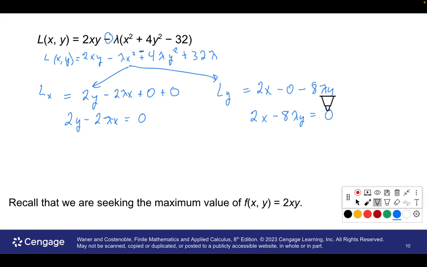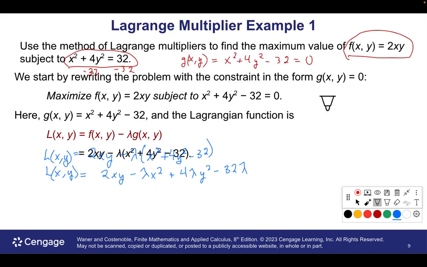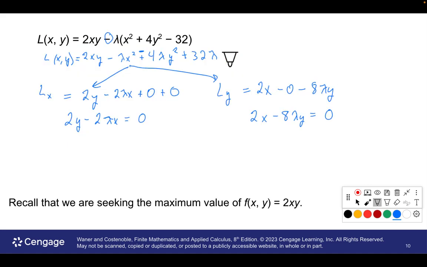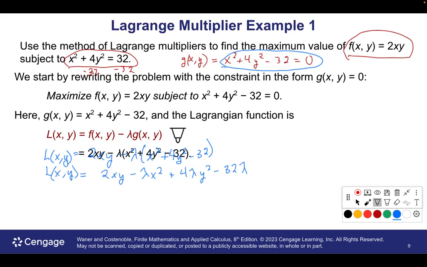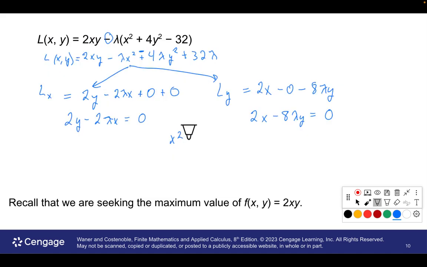So that's another function. And then we also have the constraint, which was this function here: x squared plus 4y squared minus 32 equals 0.